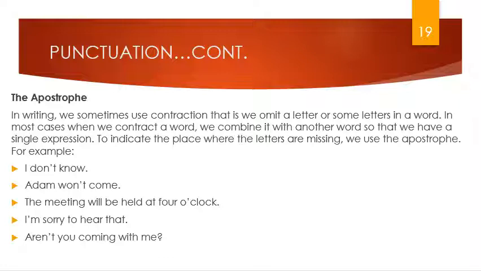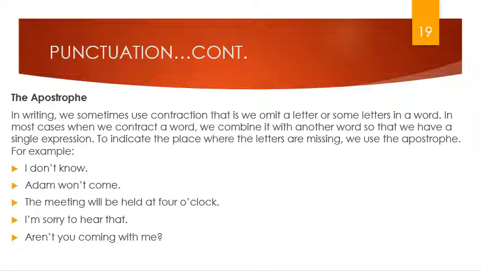To indicate the place where the letters are missing, we use the apostrophe. For example, I don't know. So don't is a contraction of do not. When the O is omitted there, an apostrophe is used.